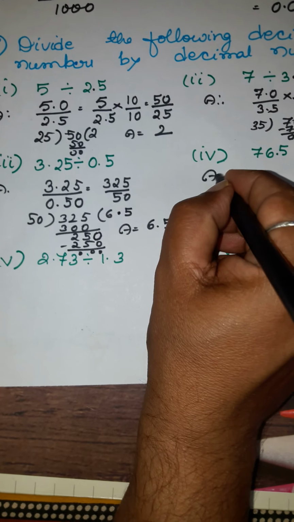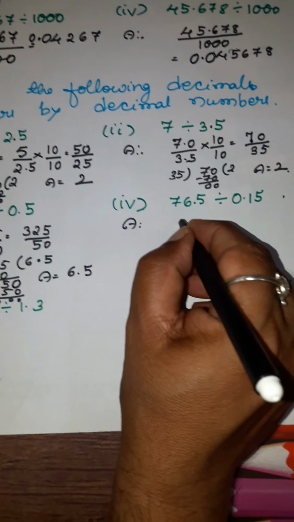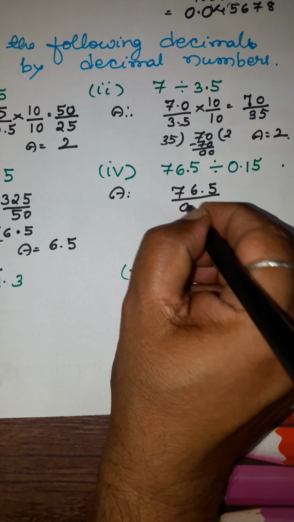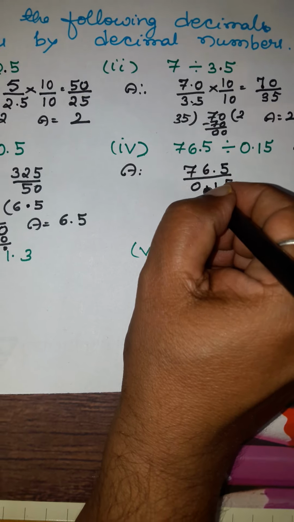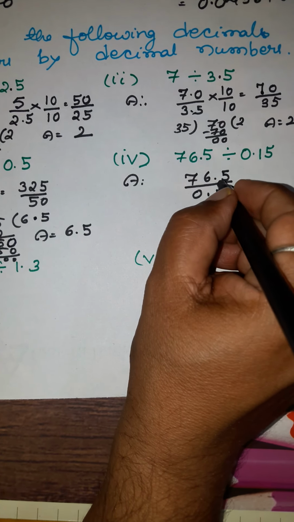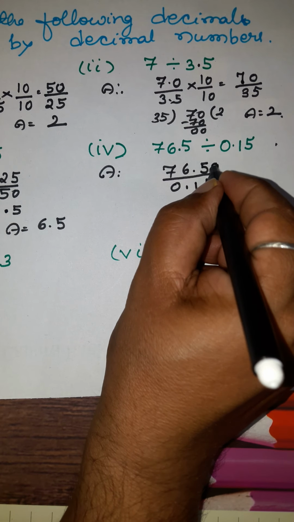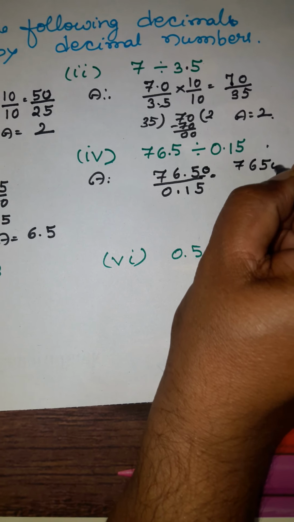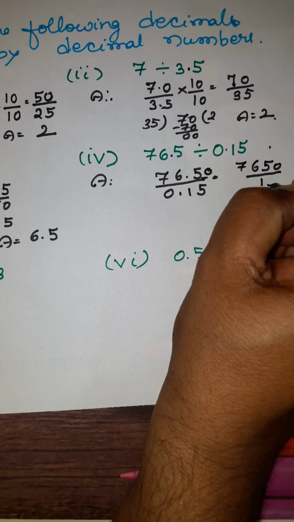So answer is 6.5. Here 76.5 divided by 0.15. So after decimal to the right, here 2 places, here 1 place, I can make 2 places by putting 1 0. So that is equal to 7650 divided by 15.